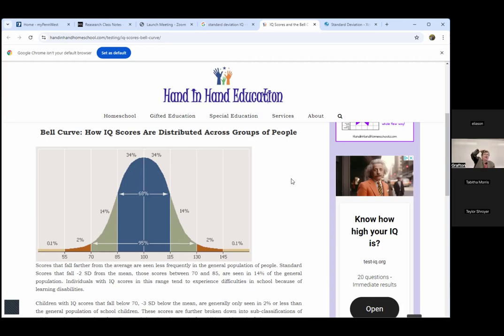So you only have to memorize 3 numbers to figure out any standard deviation. And you'll get it really close, like within point something. So all you have to remember is 34, 14, and 2. That's it. That's 1 standard deviation, 2 standard deviations, 3 standard deviations, 3 numbers.